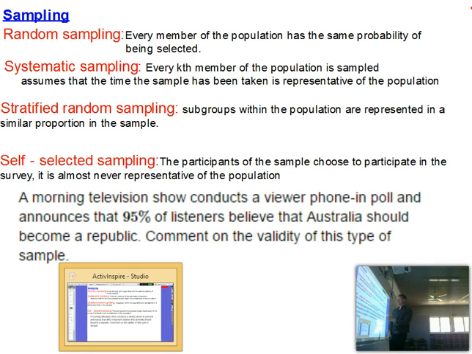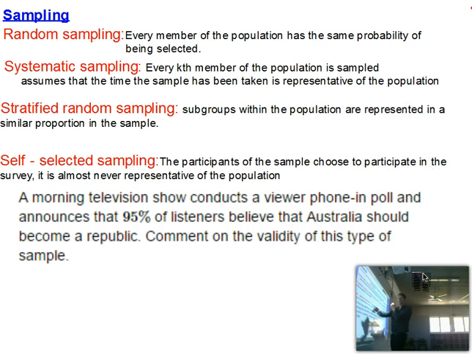Okay, now we also have the idea of a self-selected sample. So a self-selected sample is where the participants of the sample choose to participate in the survey. Now, the problem with that, it's very rarely representative of the population. Okay, because if there's a situation such as a morning television show conducts a viewer phone-in poll and announces that 95% of listeners believe that Australia should become a republic.